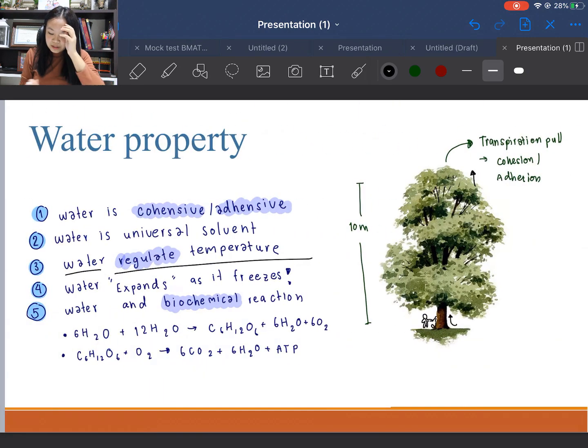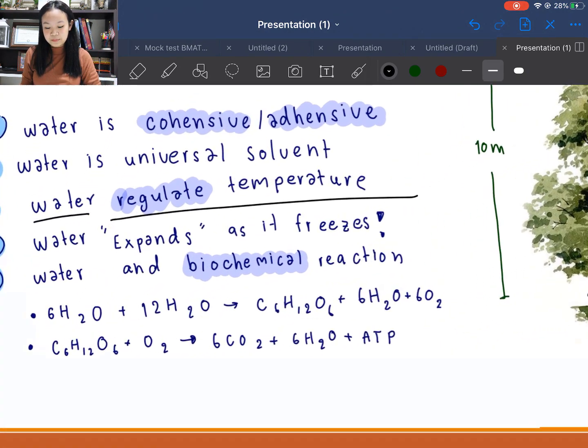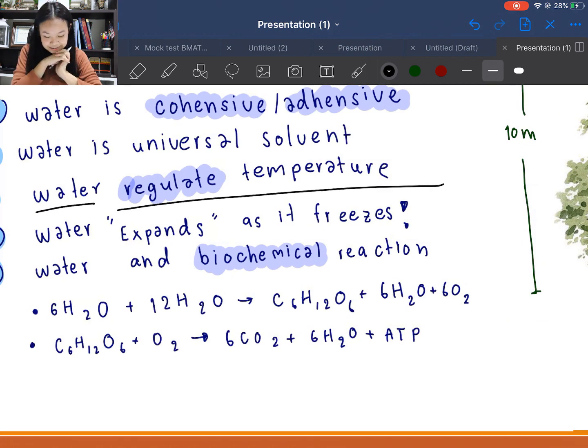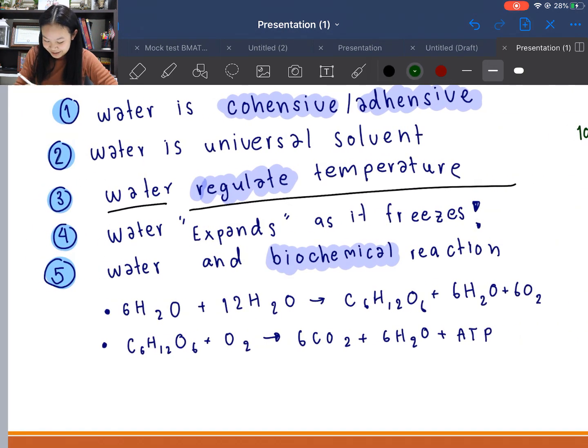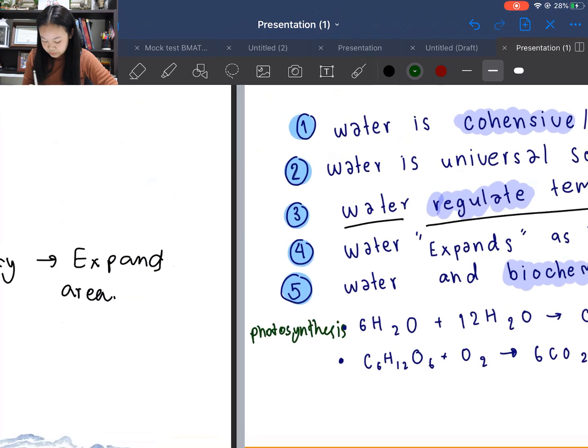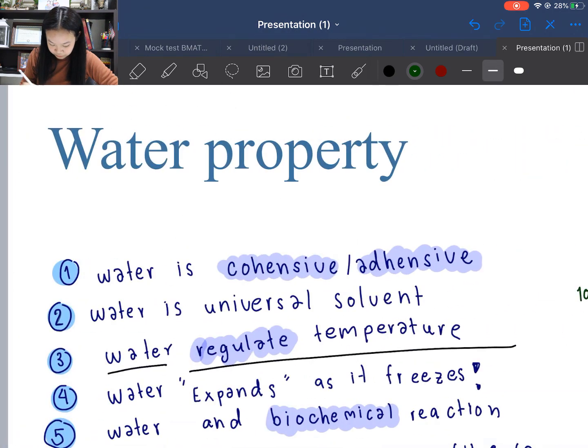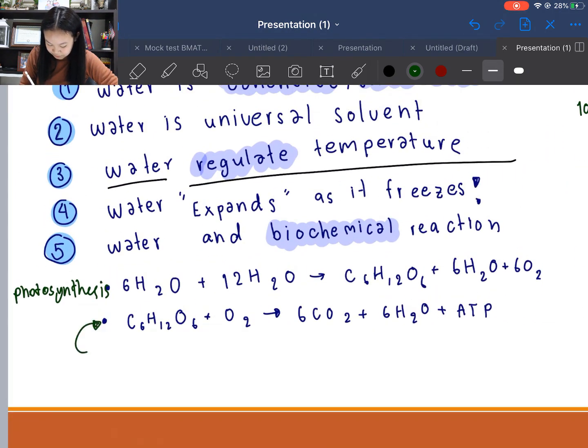And our last property of water in SAT is that water and biochemicals are connected. How? See this thing? Are you familiar with it? This is called photosynthesis, while this one is what we call aerobic respiration.